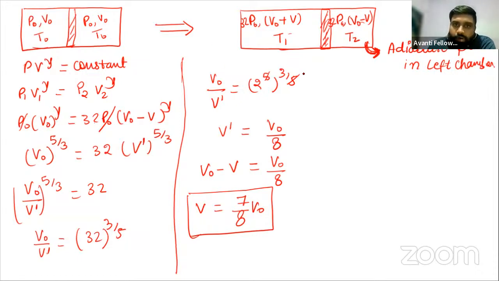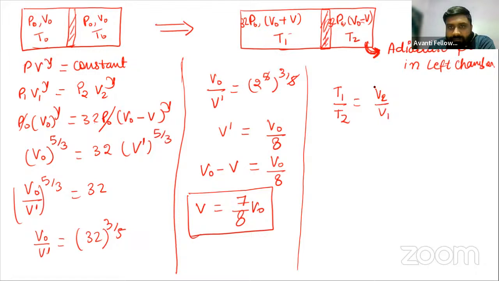Now again, we are going to use the same relation we have developed in the adiabatic process between temperature and volume. So what is that? T1 by T2 is V2 by V1 raised to the power gamma minus 1. That we have also developed, equation number 2. Again, T1 is T naught, T2 we need to find out. Let's say T2 is here.